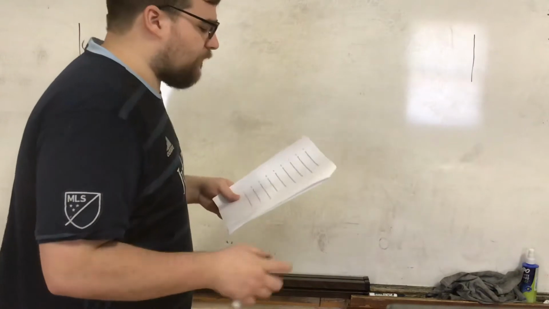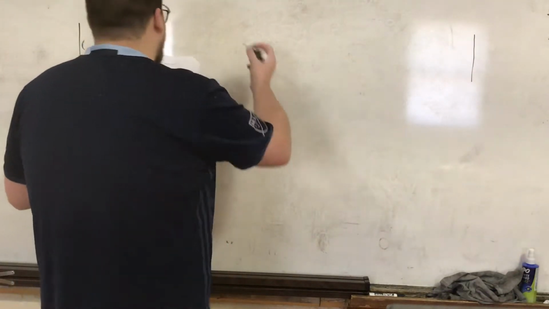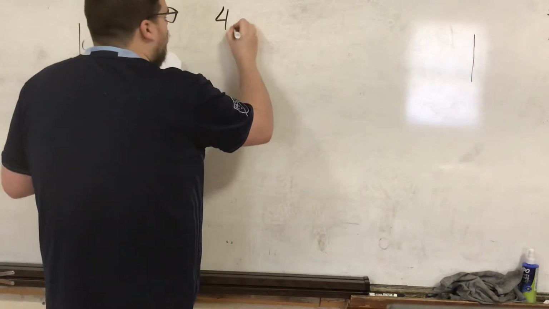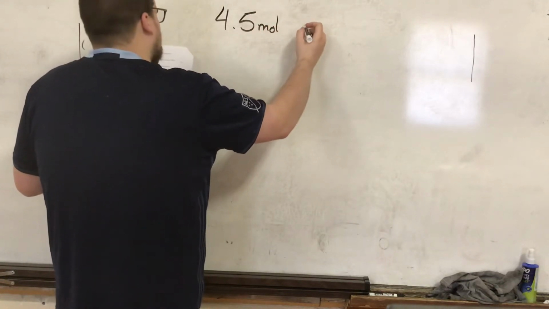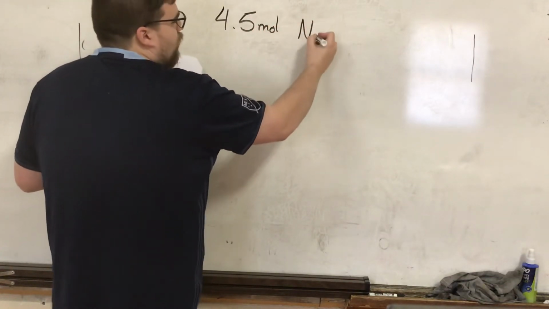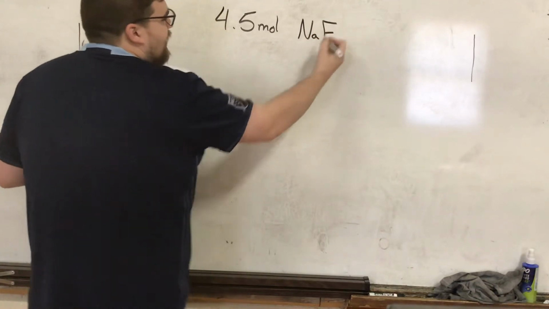So question number 15 said, how many grams are in 4.5 moles of sodium fluoride, otherwise known as NaF?